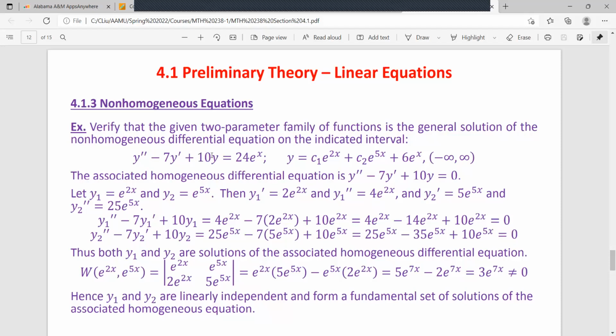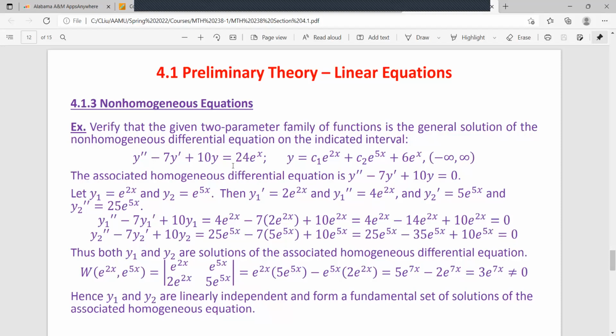One part comes from the general solutions of the associated homogeneous differential equation. So if you change the right hand side 24e to the x to 0, then we get y double prime minus 7y prime plus 10y equal to 0. That's called the associated homogeneous differential equation.